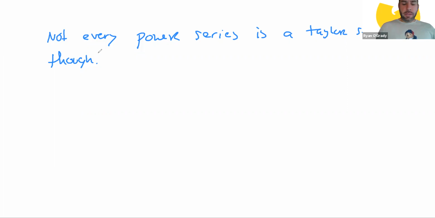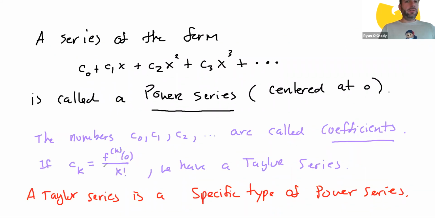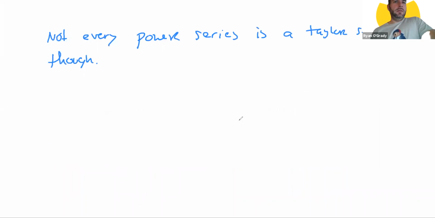So if I go back to the previous page, if my constants C aren't of this form, then it's not a Taylor series.